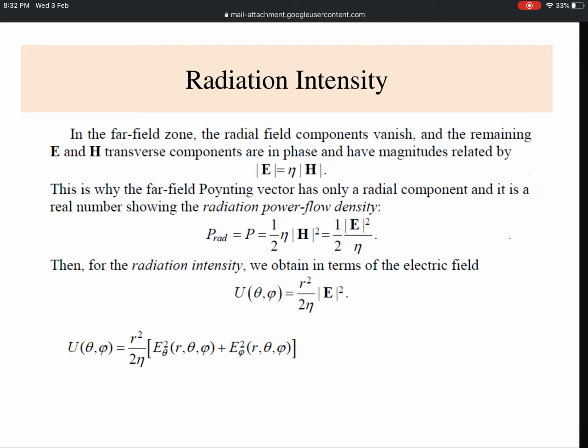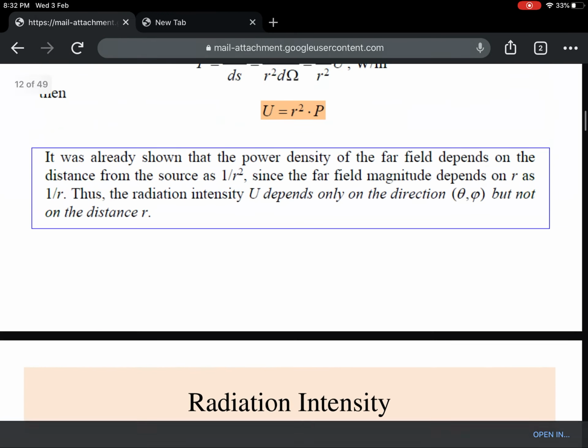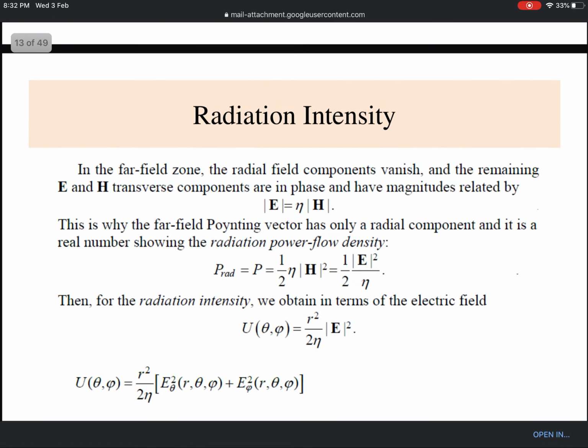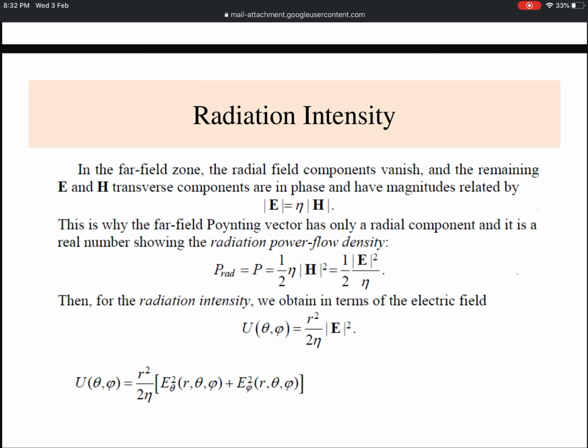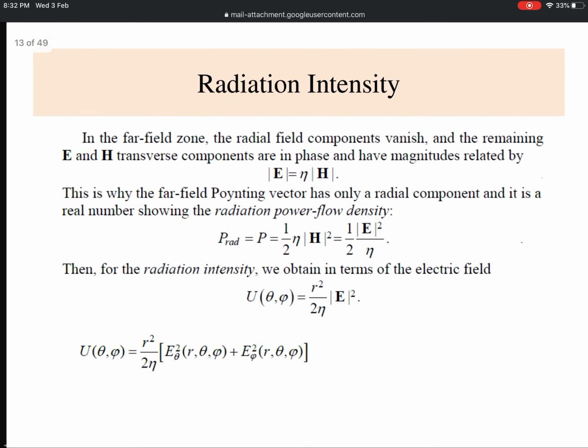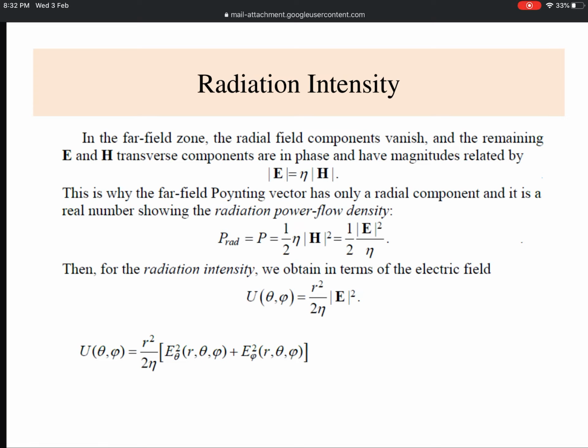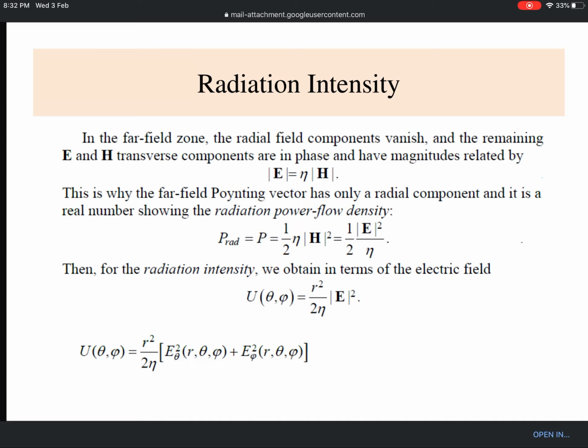Now U theta phi is nothing but r square times P rad. Just now we have seen U equals r square P. P is the radiated power, U is a function of theta and phi, and the radiated power we have just seen in terms of the electric field, and I wrote the measure U theta phi in terms of E theta and E phi. This is just for the sake of completeness.